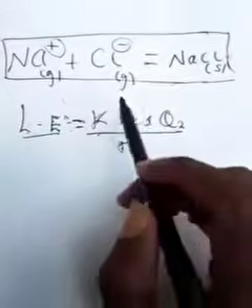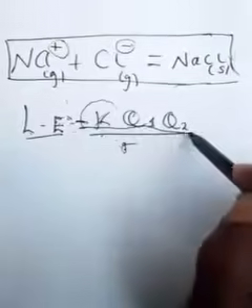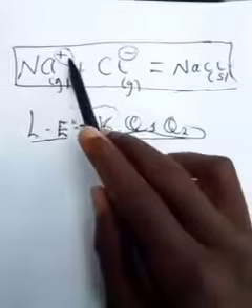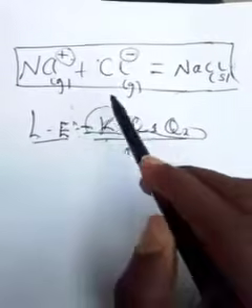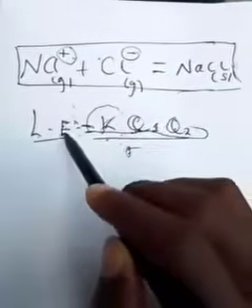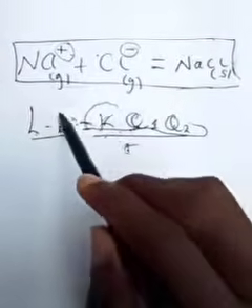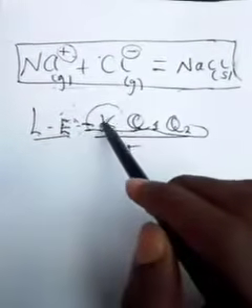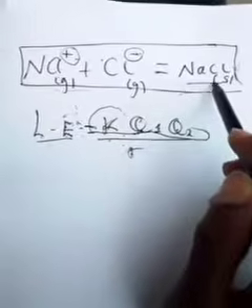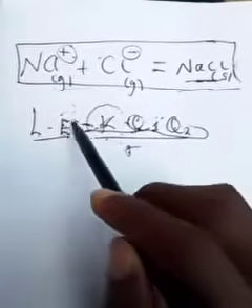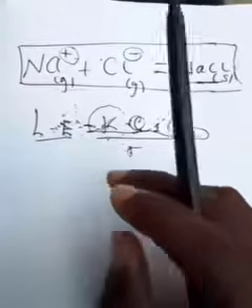Now my focus here will be on what is on the numerator. We are having the charges. So when you multiply the charges, if you get a large number, it means that this whole reaction is having a very high lattice energy. If when you multiply you get a very small number, it means that the lattice energy will be very small.